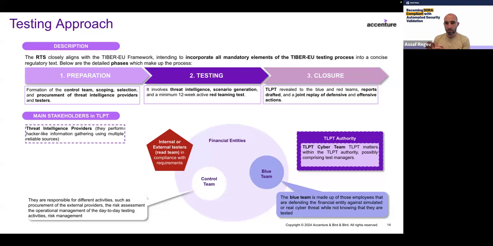So it's a bit of a different approach, a different mindset. And I'm wondering, and again it's your personal thoughts, why they chose to go this way rather than saying you need to have TIBER as the basis for testing the resilience or the penetration testing, but chose to go with something different. Why do you think they chose to do that?